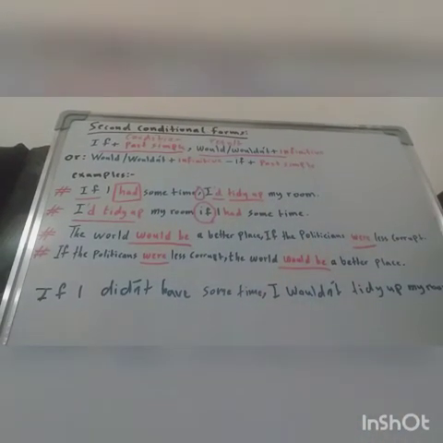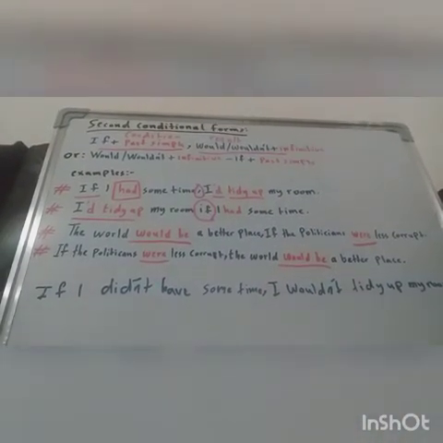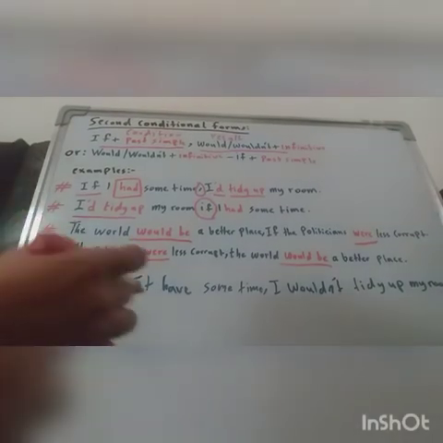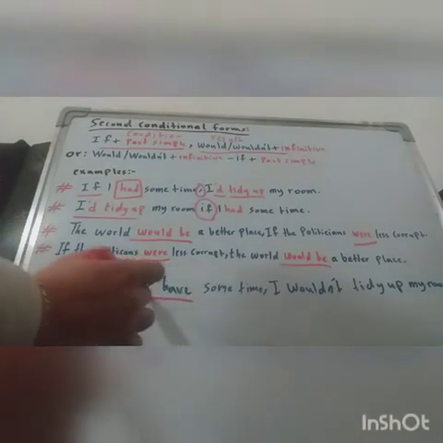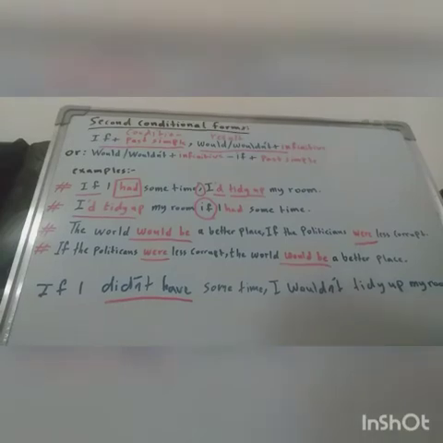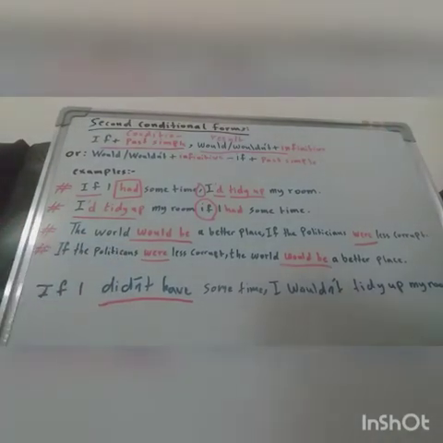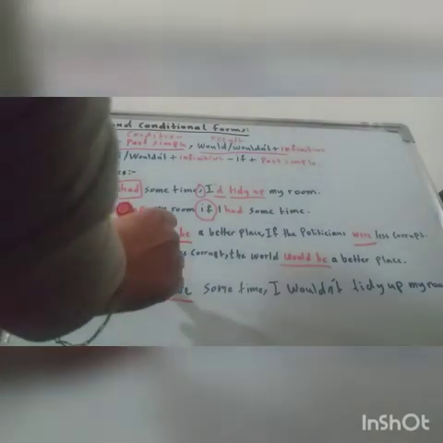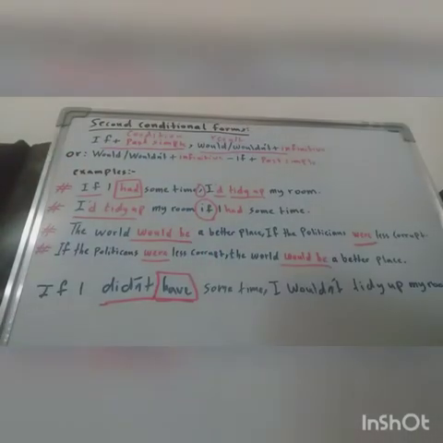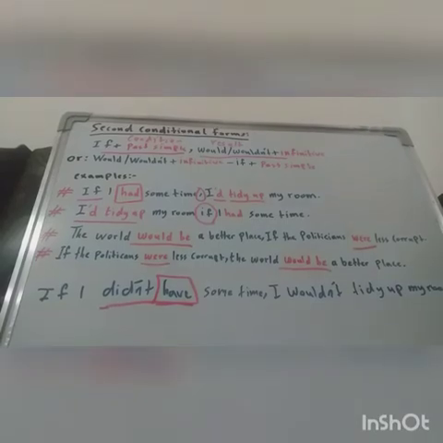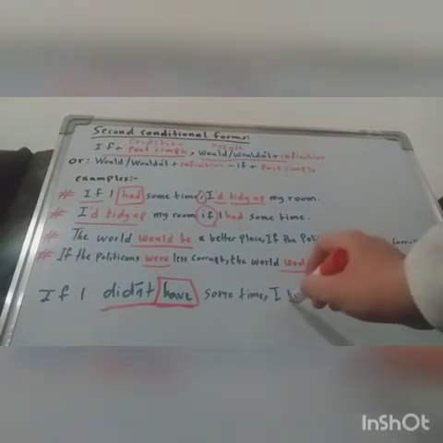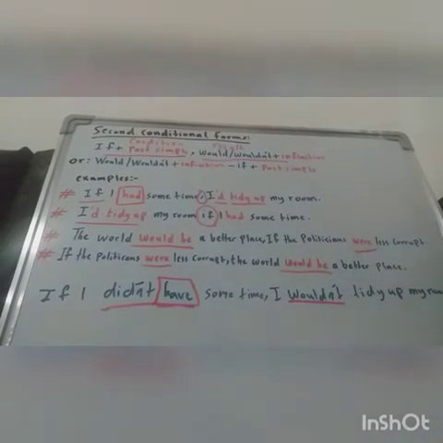As you can see, in the condition clause, we form the past simple negative using didn't, and you have to put the main verb in the infinitive form. In the result clause, I've used wouldn't.